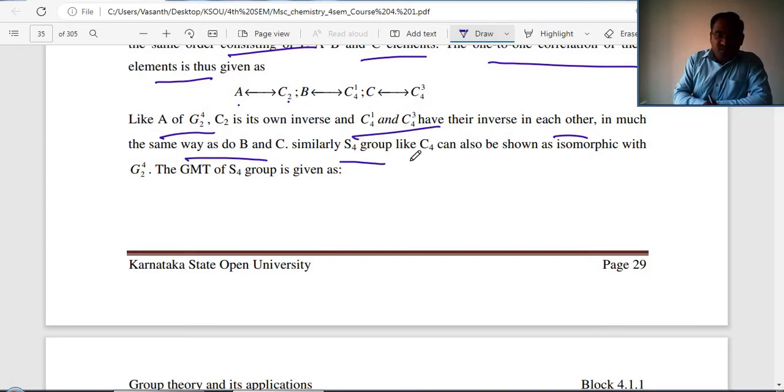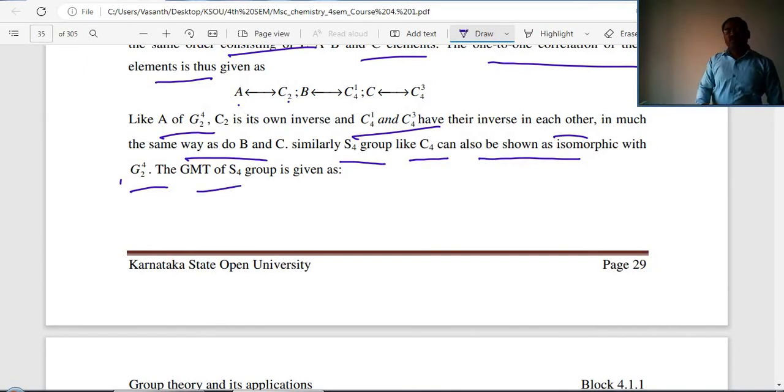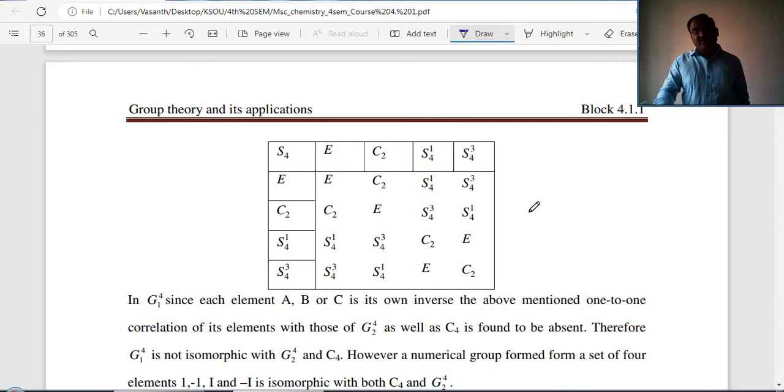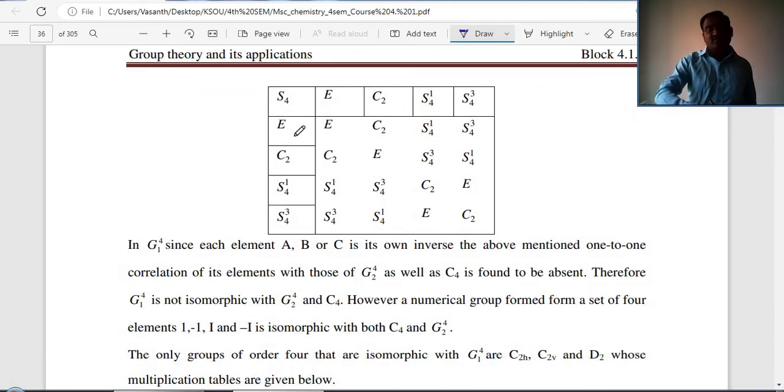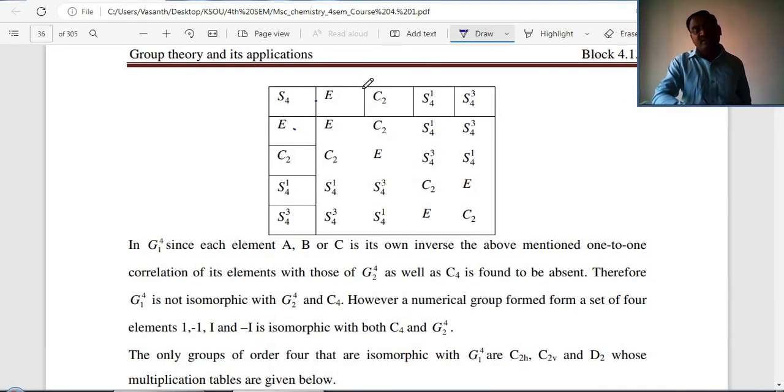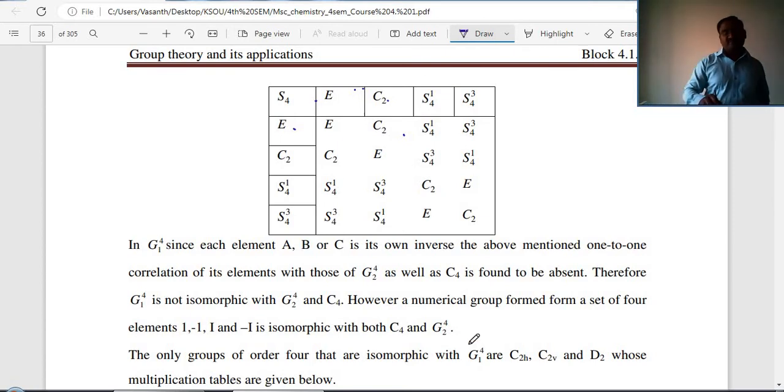Similarly, S4 groups like C4 can also be shown as isomorphic with Z4. The GMT of the S4 group is given as this, for an H4 molecule: E, C2, S4, S4 3, almost similar, with identity elements.